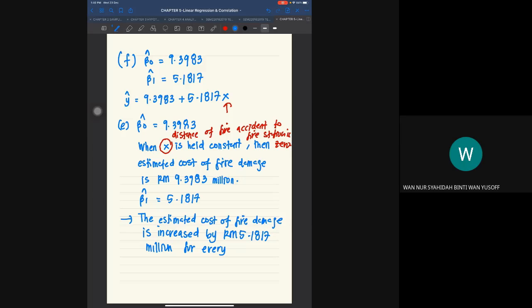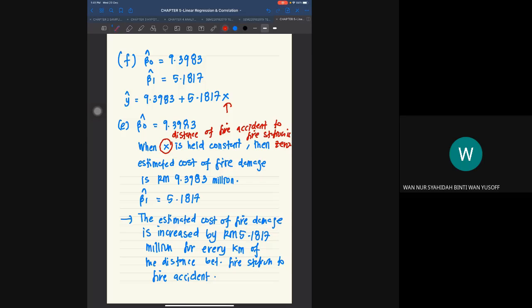What is the unit? km. So for every km of the distance between the fire station and the fire accident.